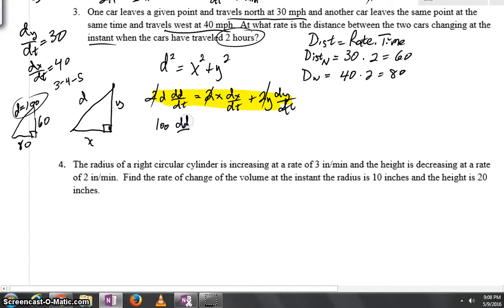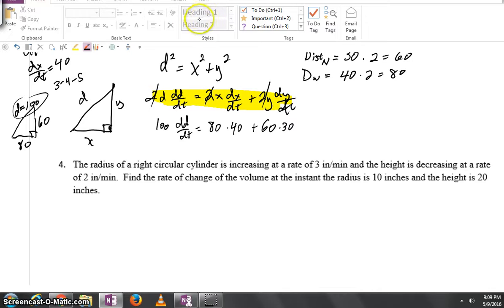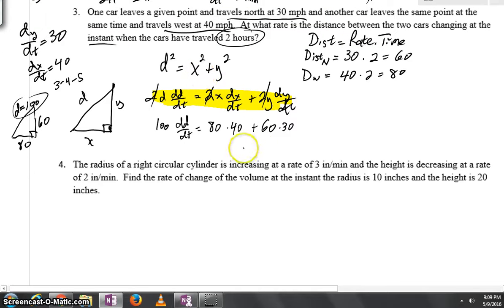Here we've got dd/dt. The x length is 80. And dx/dt we already saw was 40. The y length is 60. And dy/dt is 30. Something we spoke about in class, something very nice. We could divide both sides by 100. If you divide by 100, you're really getting rid of 2 zeros everywhere.